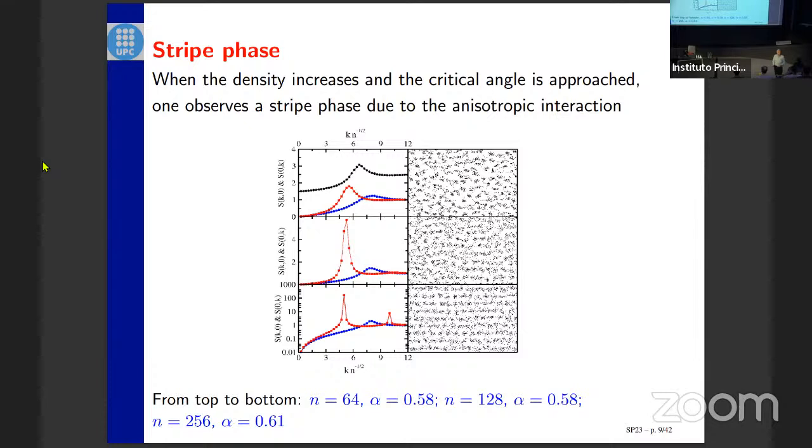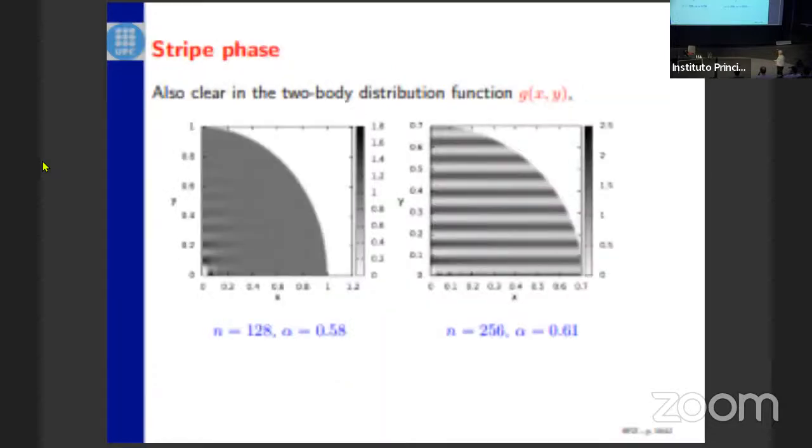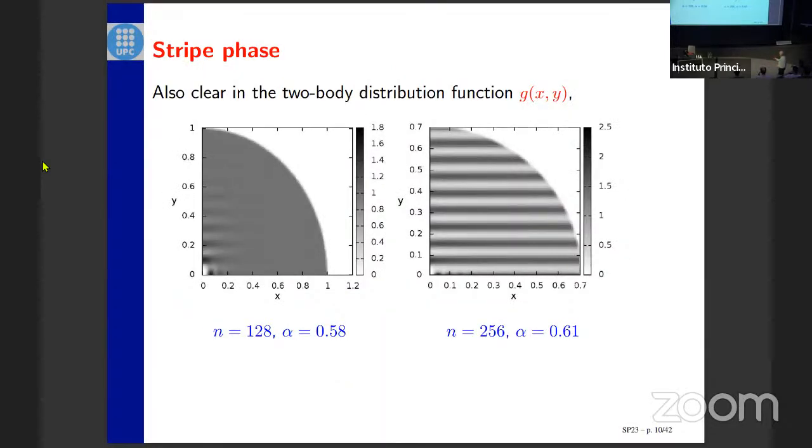The order is clearly shown by the S of k, okay? So the main characteristic of a crystal, from a microscopic point of view, is to calculate this S of k. You can also observe it in what is called the two-body radial distribution function, which shows the probability of finding two particles at a given distance.